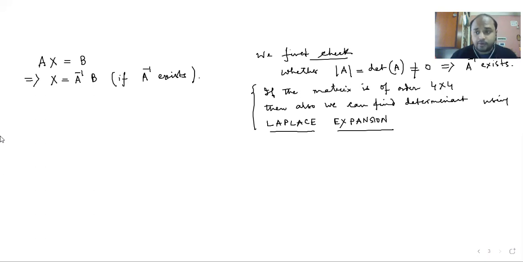The result is there in the book. It is written, you can find it. I'm not going to say on which page it is written, but you have to find it out by yourself. So it is written like this.